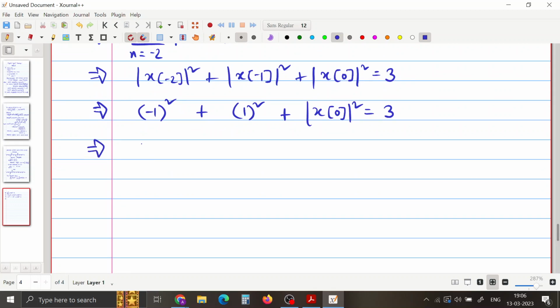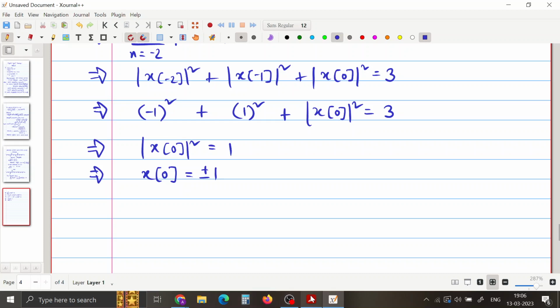So we get mod square of x of 0 as 1. So x of 0 can be plus 1 or minus 1.